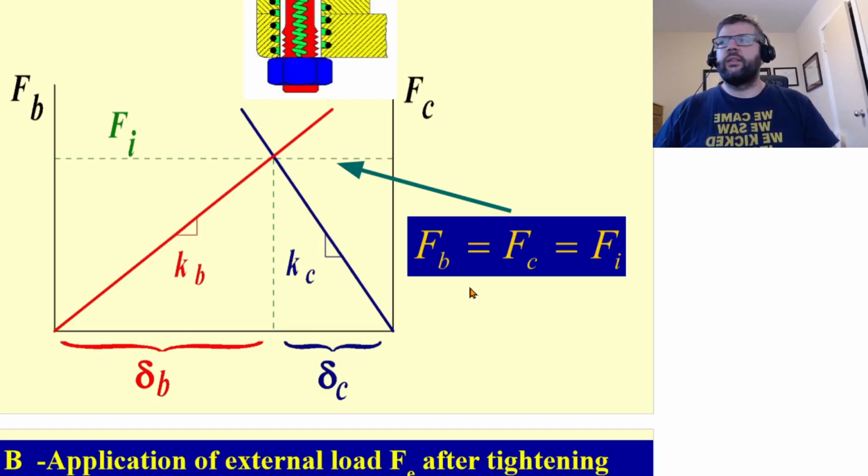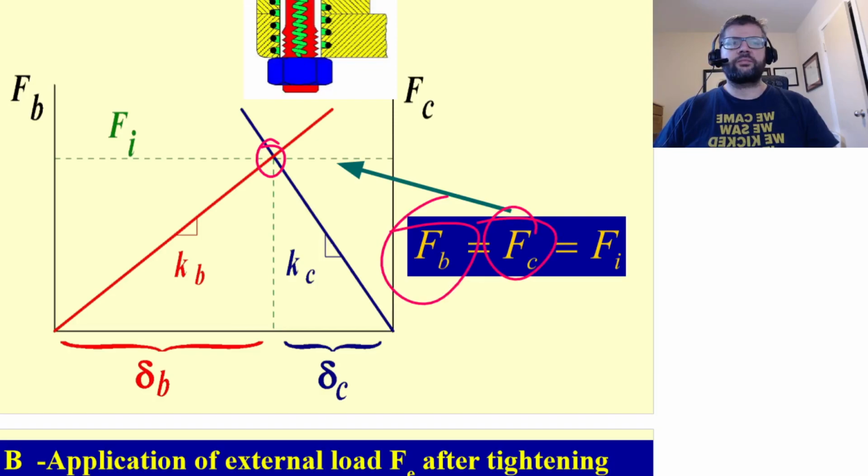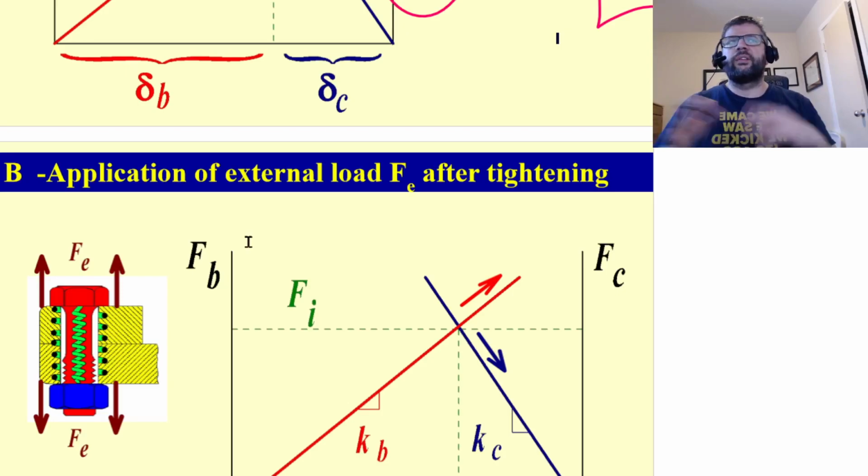When you're first tightening up, before any other external load is applied, the force in the bolt needs to be equal to the compressive force in the joint. So that's what we call our Fi. Otherwise, we are not in equilibrium, and essentially it's going to have to settle out.